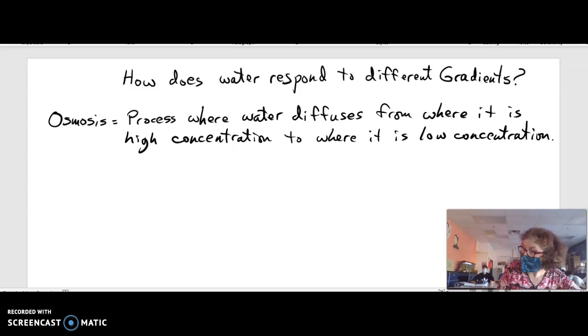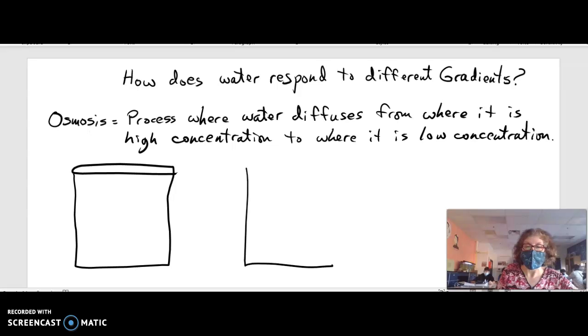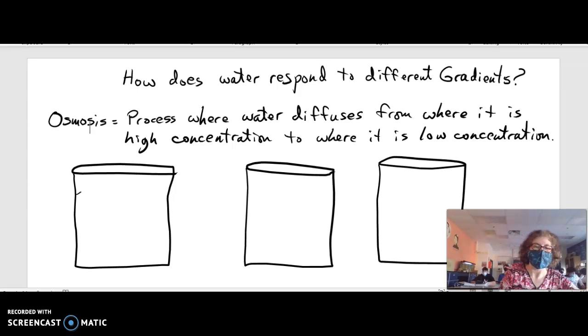So what I'm going to do now is draw the same three beakers down here. Just go ahead and copy that, and I'm going to draw the beakers here that you've already got, so you don't have to draw them.